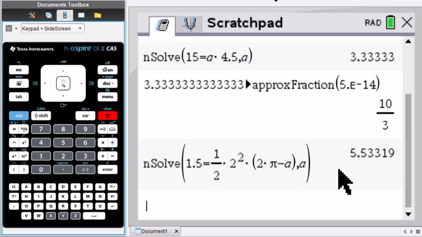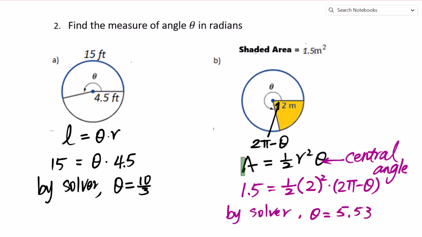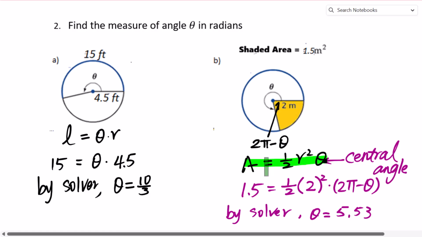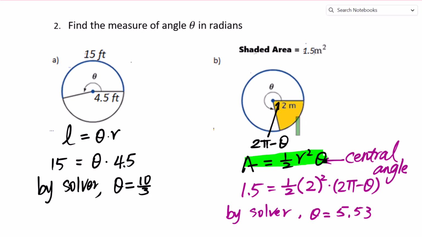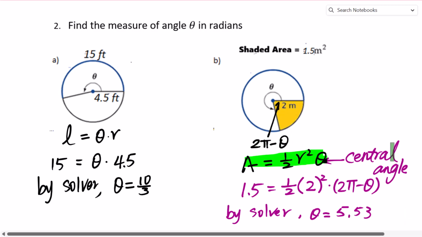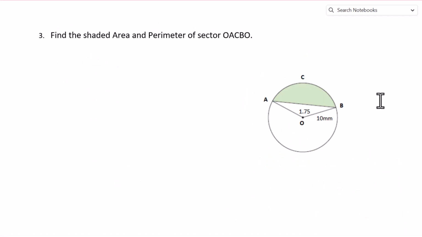So answer is 5.53 as 3 sig figs. So remember in the formula, this theta is the central angle. From this diagram, we know the central angle for this shaded area is 2 pi minus theta. Let's go to question 3.